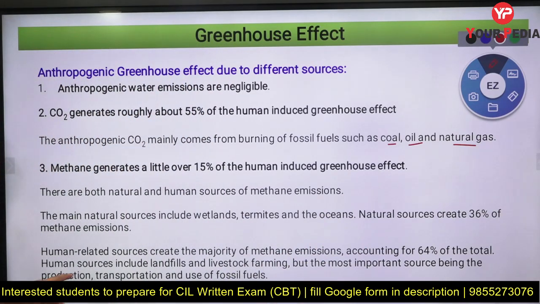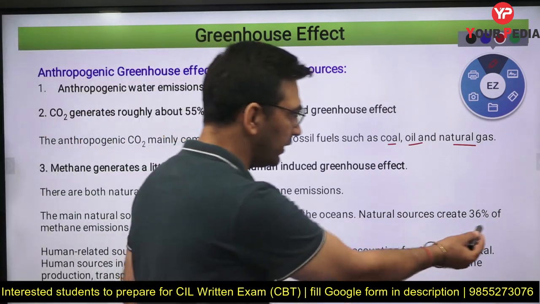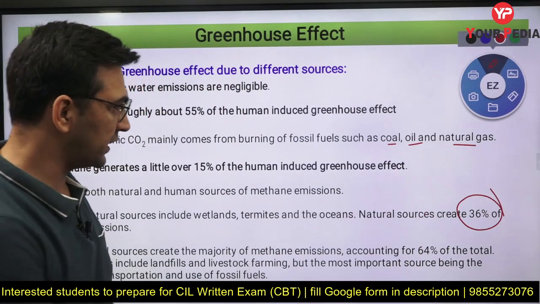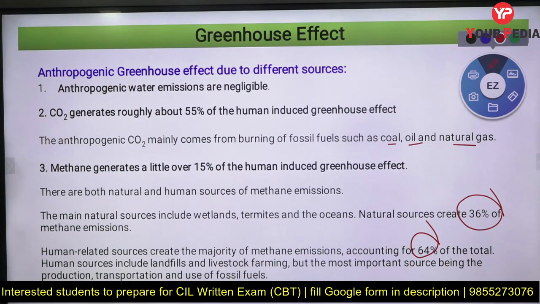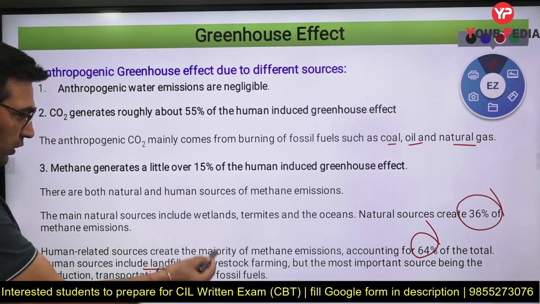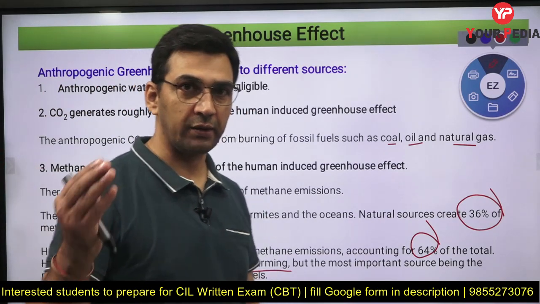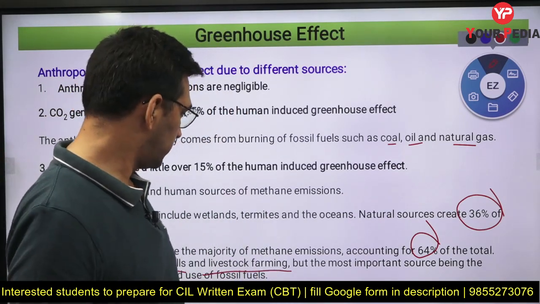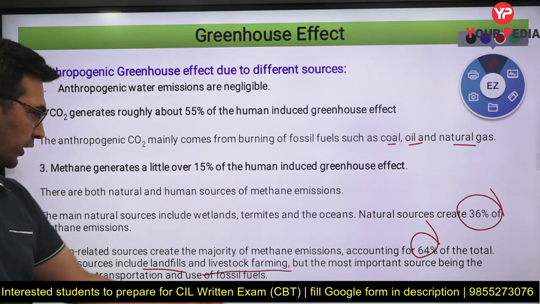So human-related sources create the majority of methane emissions. Natural methane release contributes 36%, whereas roughly 64% is human released. And what are the different sources? Landfills and all that. Livestock farming, as I told you, that means animals like cows, and the most important source being the production, transport and use of fossil fuels.